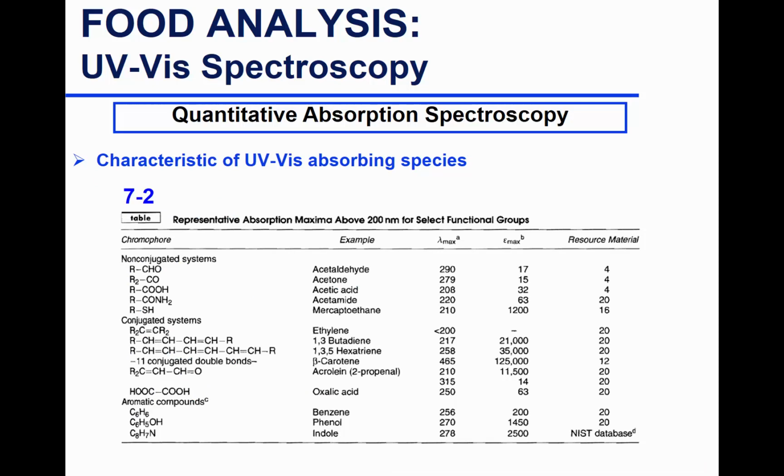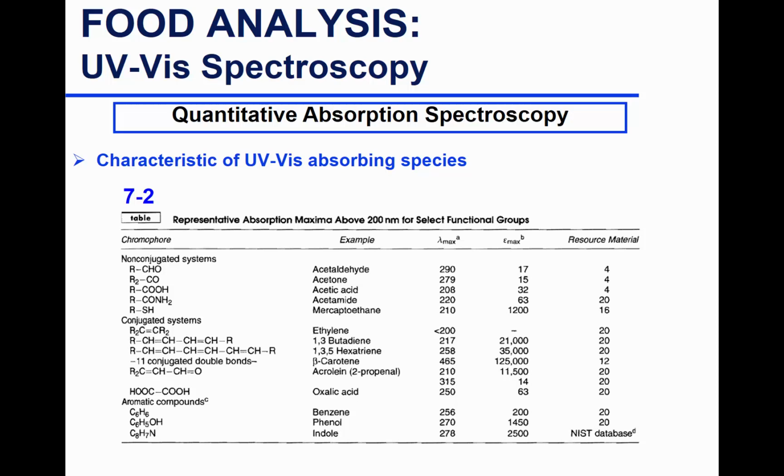So here's an example table where it shows the different chromophores. You have different structures that absorb light, and example components of a conjugated system or an aromatic or a non-conjugated system.